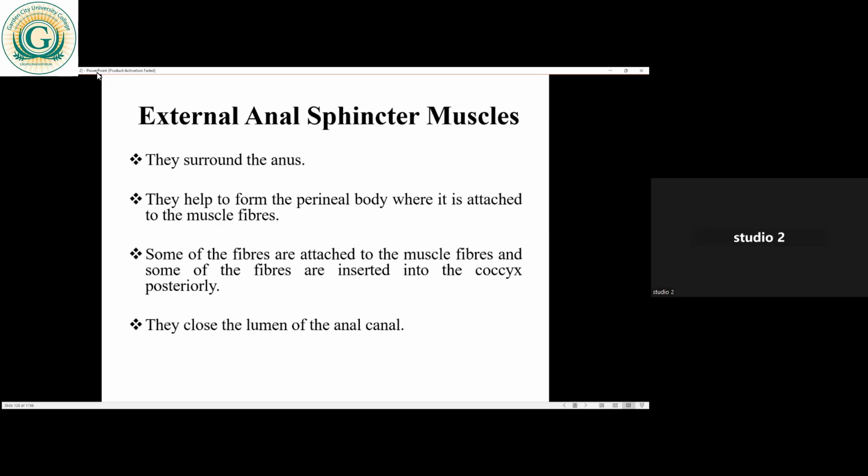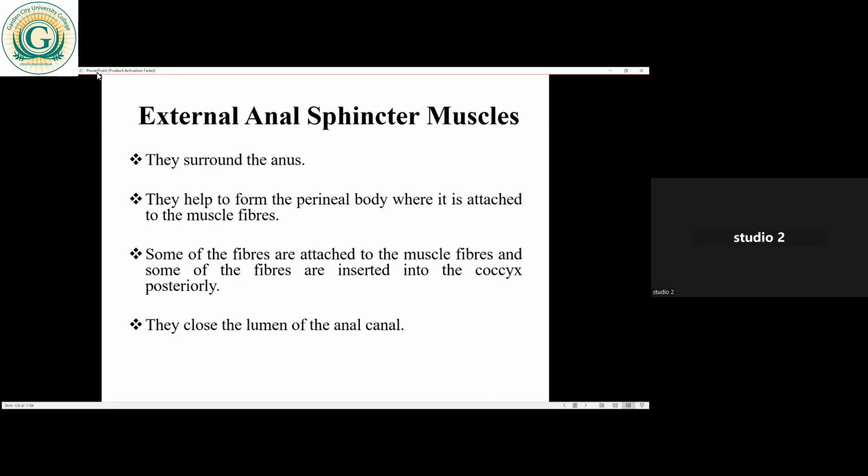It will not be so comfortable for a woman to come to the labor ward and leave the labor ward with that problem, not able to restrict the coming of the feces because of damage of the external anal sphincter.